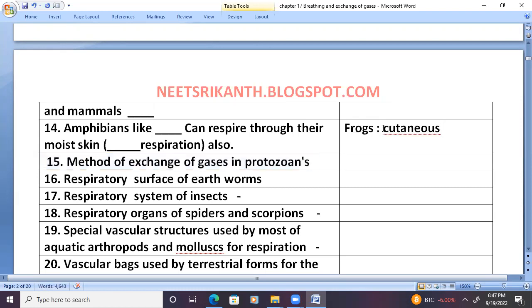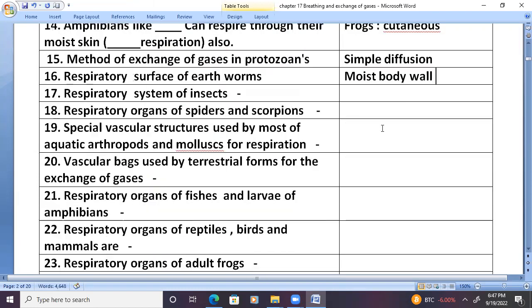Method of exchange of gases in protozoans: simple diffusion. Respiratory surface of earthworm is the moist body wall. The respiratory system of insects is called the tracheal system.